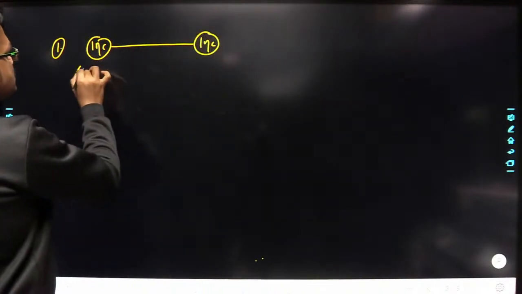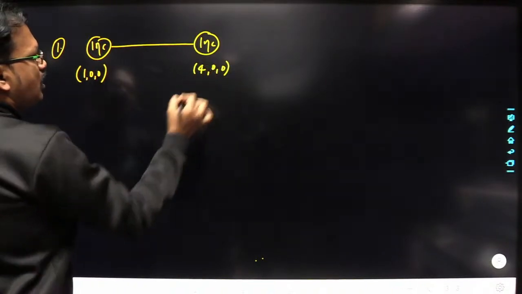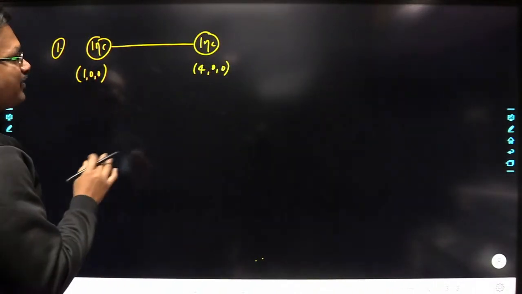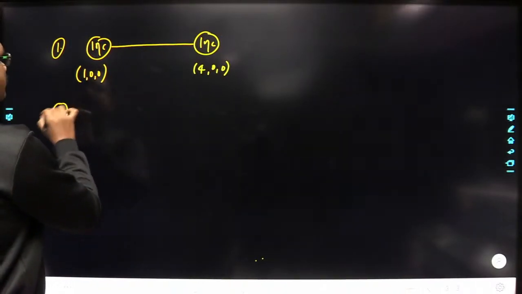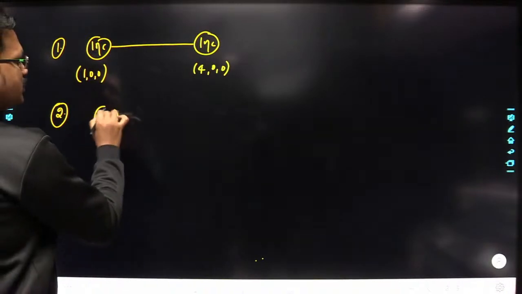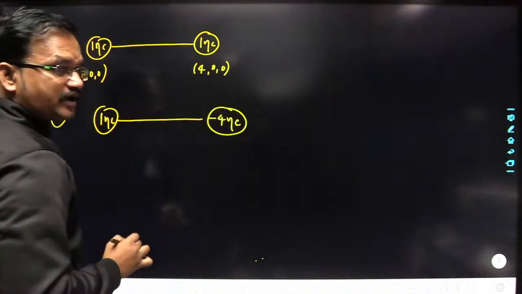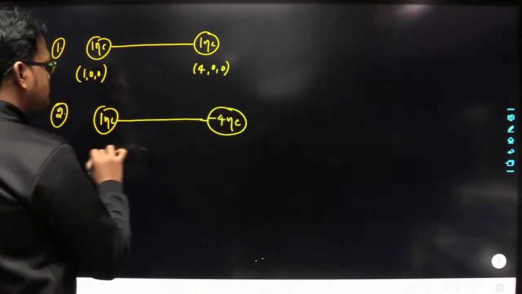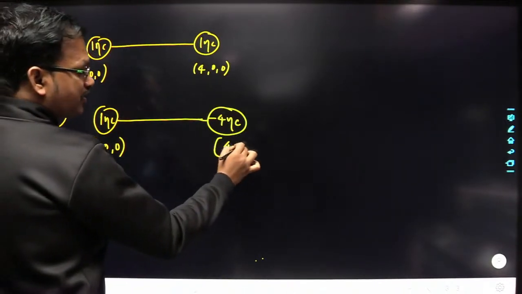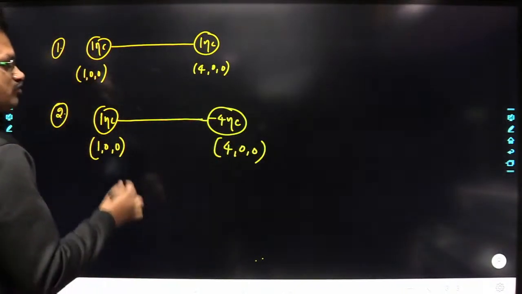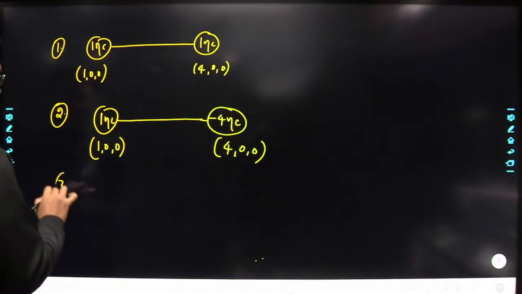We considered this point as 1, 0, 0 and this point as 4, 0, 0, and we tried to determine the point where the net electric field is equal to 0. In the second problem, we considered 1 nanocoulomb here and another one as minus 4 nanocoulomb, located at 1, 0, 0 and 4, 0, 0, and we determined where the net electric field becomes equal to 0.